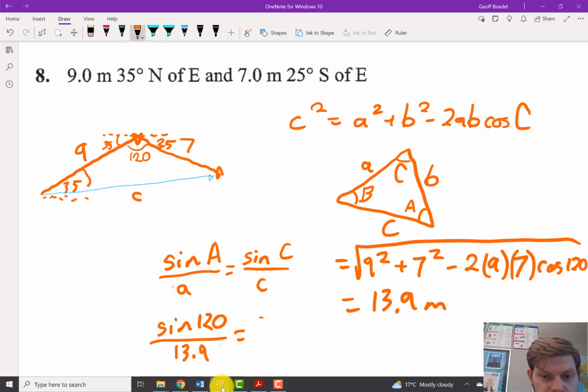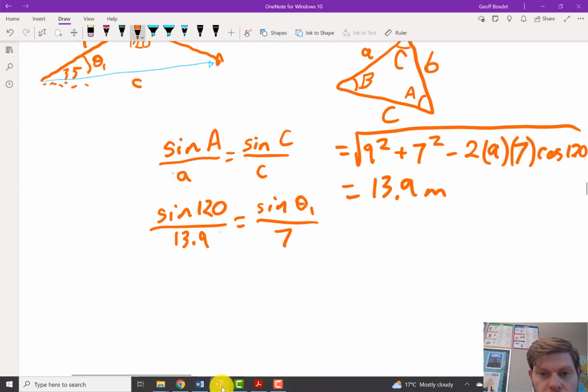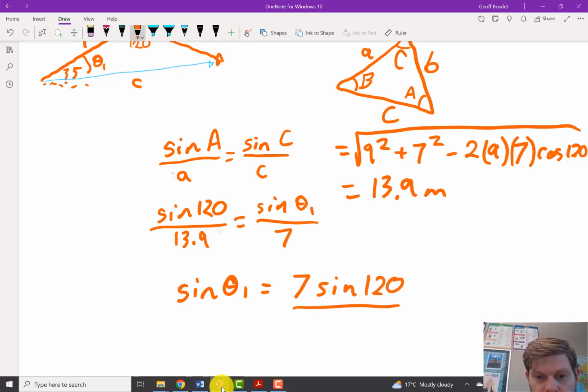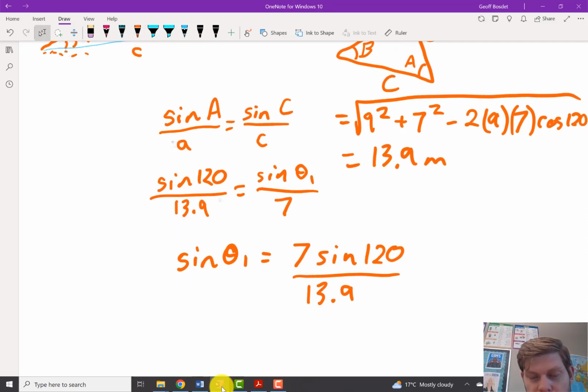That ratio of sine of an angle divided by length of the side opposite is the same for all sides. So I'm going to say that's equal to sine, I'm going to call this theta 1, divided by 7. So sine of theta 1 is just equal to 7 times sine 120 over 13.9, and so that'll give me the ratio of sides, but that's not what I want.